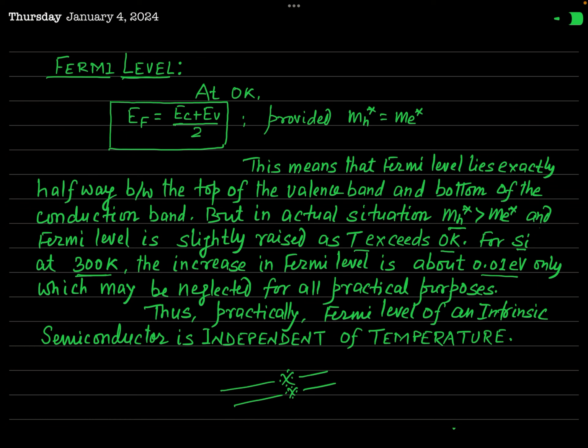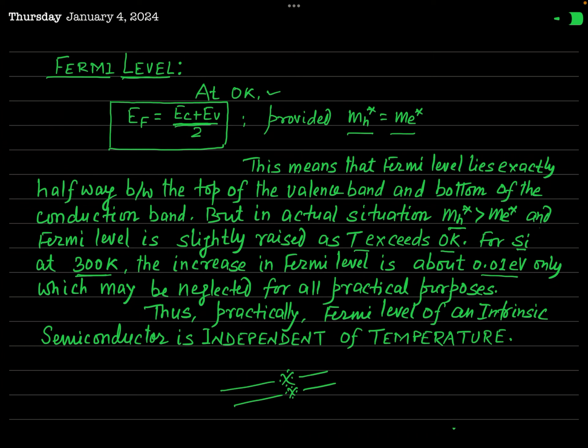This result we will calculate in our forthcoming lecture when we talk about the carrier concentration and Fermi level in a pure semiconductor, and you will see that this result, EF equal to EC plus EV divided by 2 at 0 Kelvin temperature, is valid only when we consider that the effective masses of hole and electron are equal.